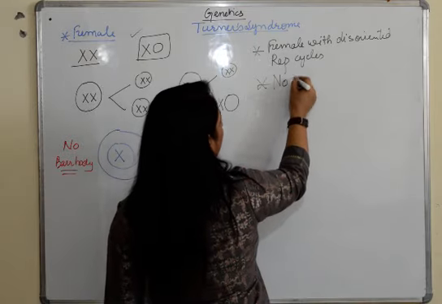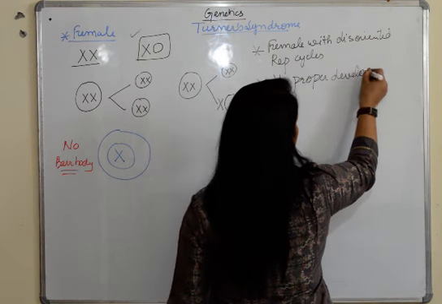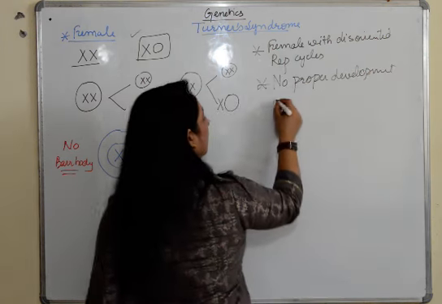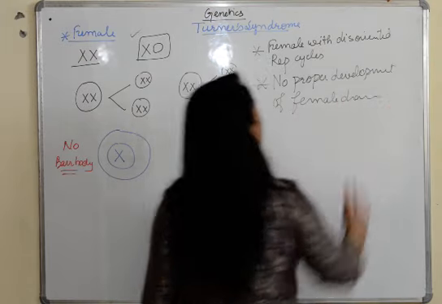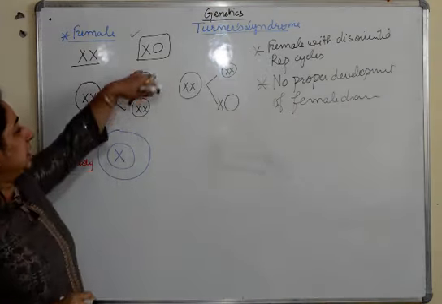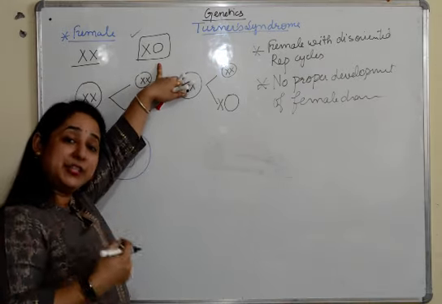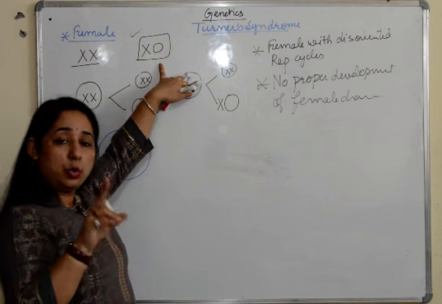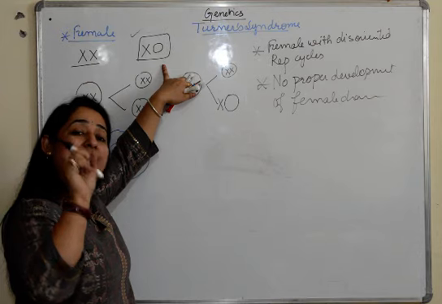So no proper development of female characters. Fine. So what do you need to remember here? That this is a condition where only one X is present. Generally, there is an addition, but here there is a deletion. So in a general female, there are two X chromosomes, but here only one is present.